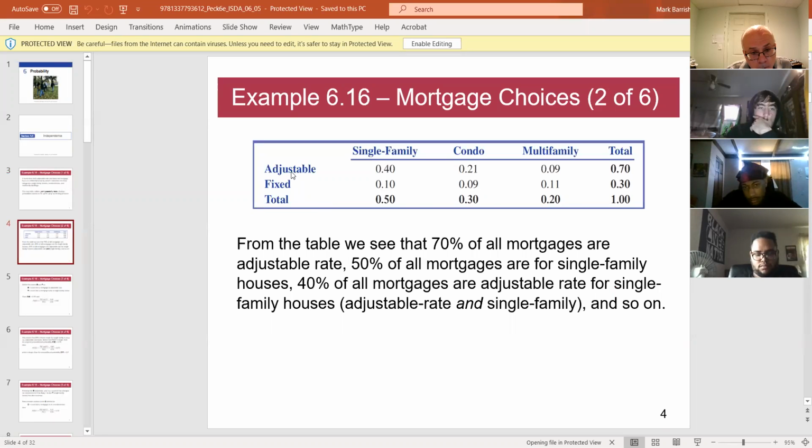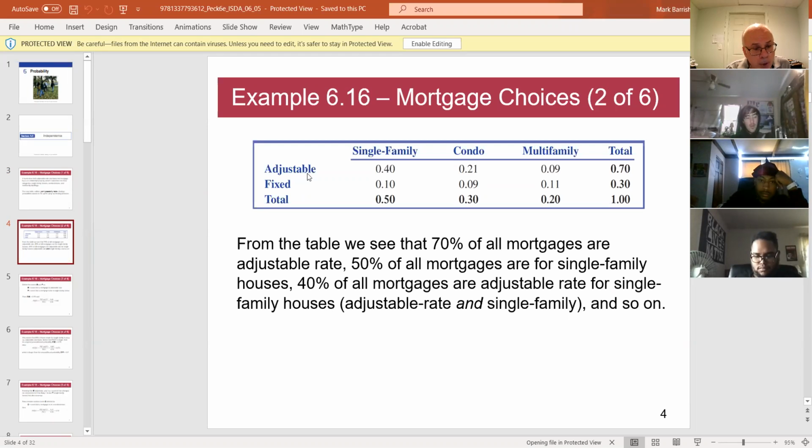There are adjustable rate mortgages and fixed rate mortgages. The adjustable rate mortgages mean that the interest rate will vary based on the level of interest rates in the general economy. The fixed rate mortgage means that the interest rate is fixed at the time that you get the mortgage and never changes.